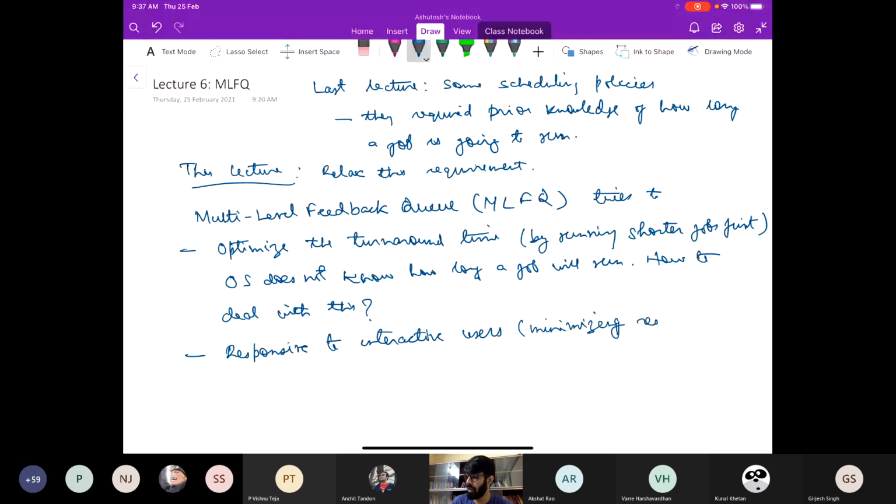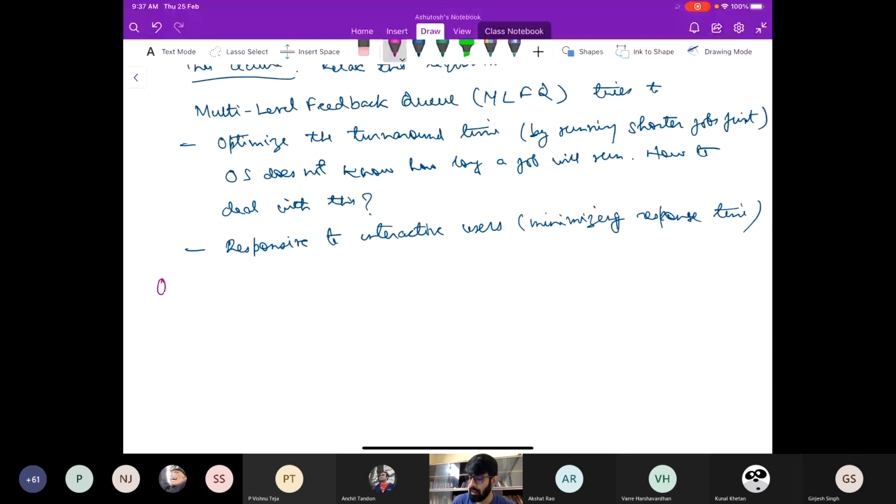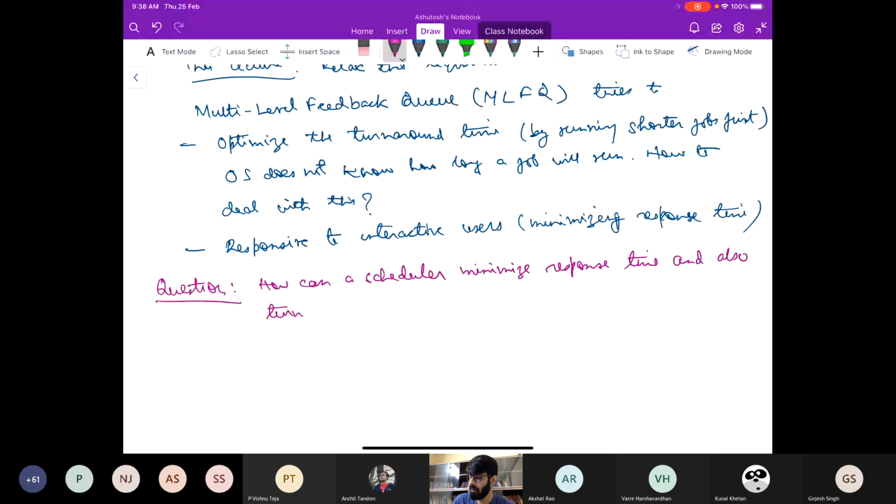We saw what response time is in the last lecture. So today's question that we are going to address is this: how can a scheduler minimize response time and also turnaround time without having prior knowledge about the jobs?